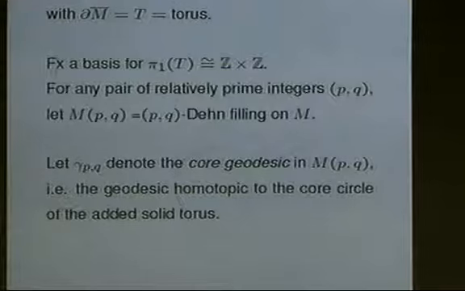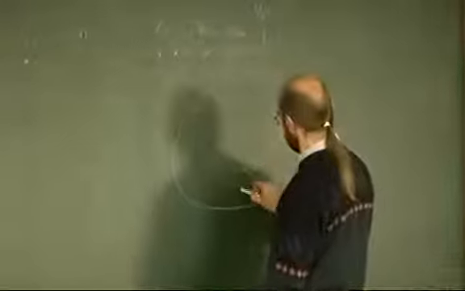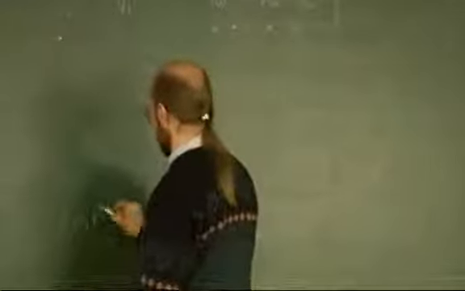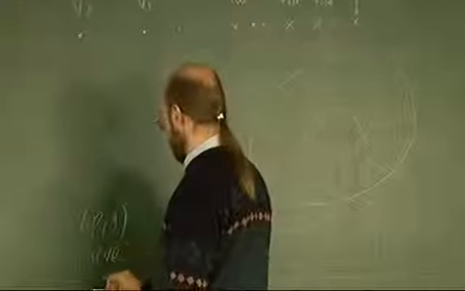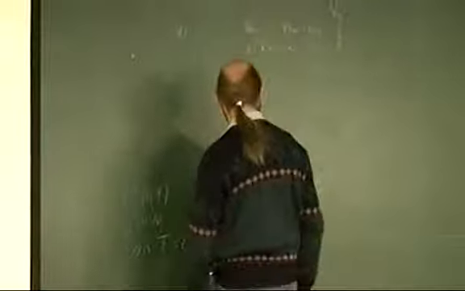Okay. Now, when you do this process, we had this manifold with boundary, and we add on this solid torus, so that the pq curve on the torus, which is the boundary of M, bounds a disk.